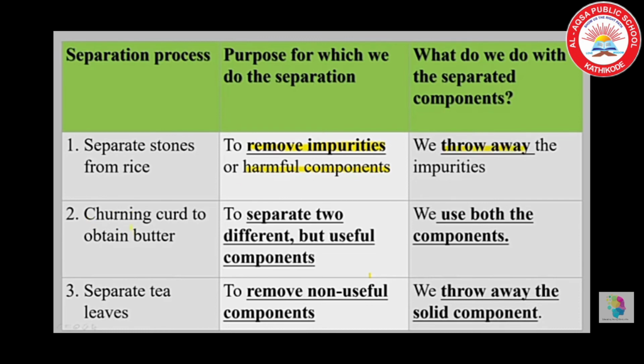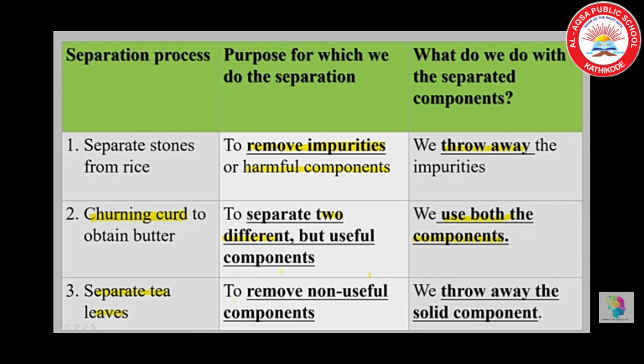Okay. Then the second one, churning curd to obtain butter. That also we have discussed. To separate two different but useful components. Which are the two different and useful components? One is butter and the second one is buttermilk. Both components are useful. Then what are we doing with that? We use both the components.